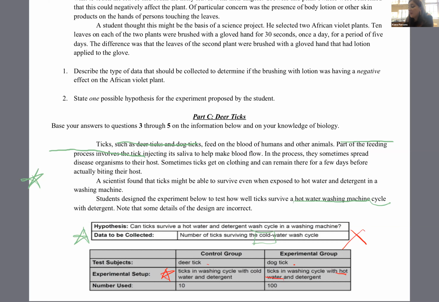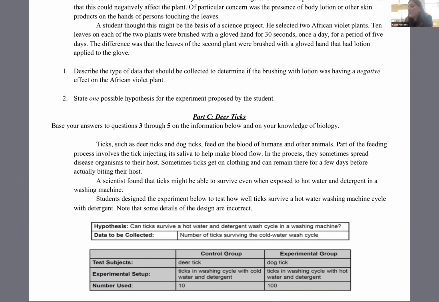And it says here the control group, cold water and detergent, the experimental group, hot water and detergent. That is okay. But then you go below, the number used. You want to have the same sample size for your control group and your experimental group. So in this case, you can see the control group is 10 ticks and the experimental group is 100 ticks. You're not going to be able to compare the data from those two experimental setups.